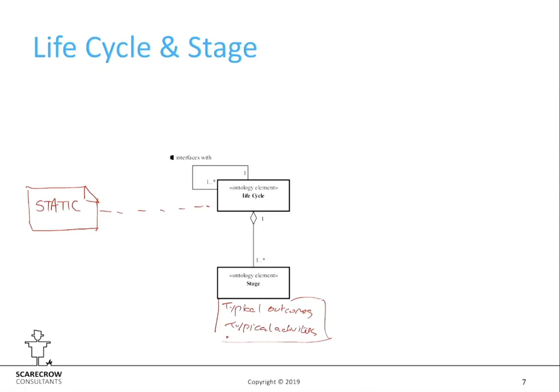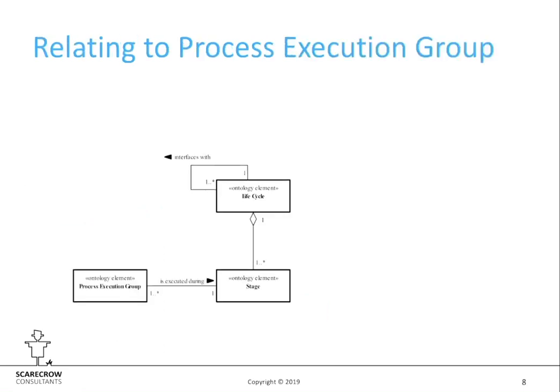Different organisations are going to be following their own life cycle, and those life cycles potentially are going to have to interface with each other. There's going to be an interaction with them. There are going to be points in your life cycle where you need to interact with life cycles from other organisations.